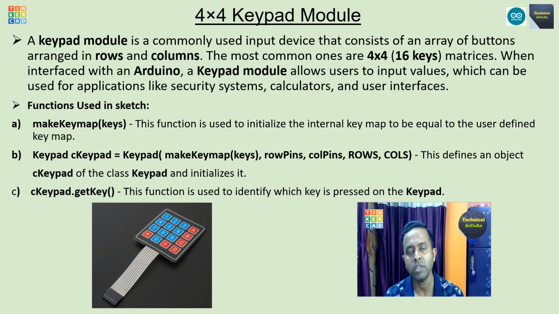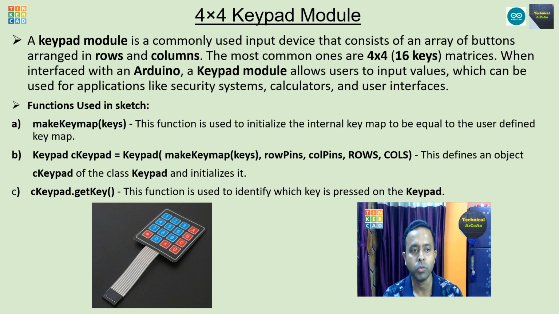Some of the functions I am using in my sketch to do the keypad module interfacing with Arduino UNO in the Tinkercad web application, like makeKeymap. This function is used to initialize the internal key map to be equal to the user defined key map, right?